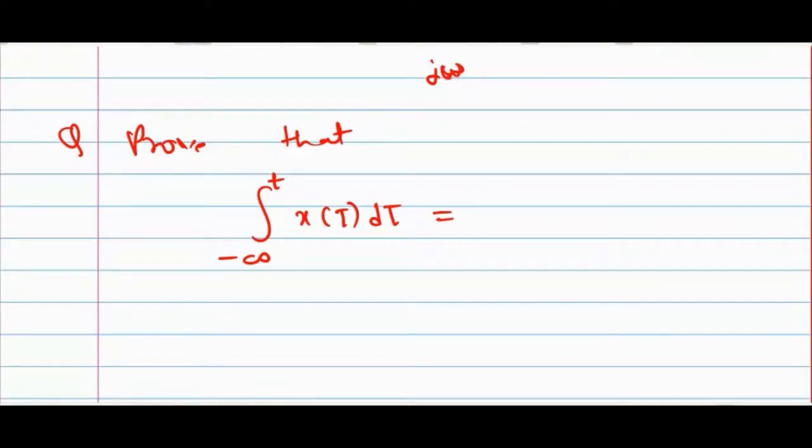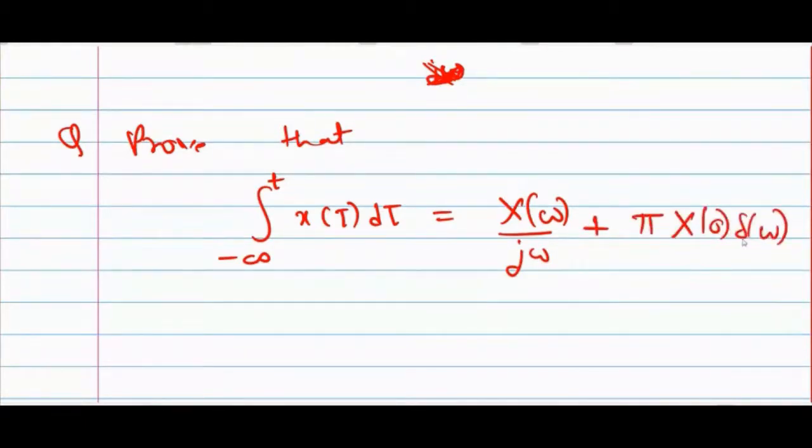With derivative, we will multiply by j omega, right? When we differentiate, we multiply by j omega. When we are integrating, we need to divide by j omega. So now we have to prove this thing, x of omega divided by j omega plus pi x of 0 delta omega. This thing we have to prove. Okay.